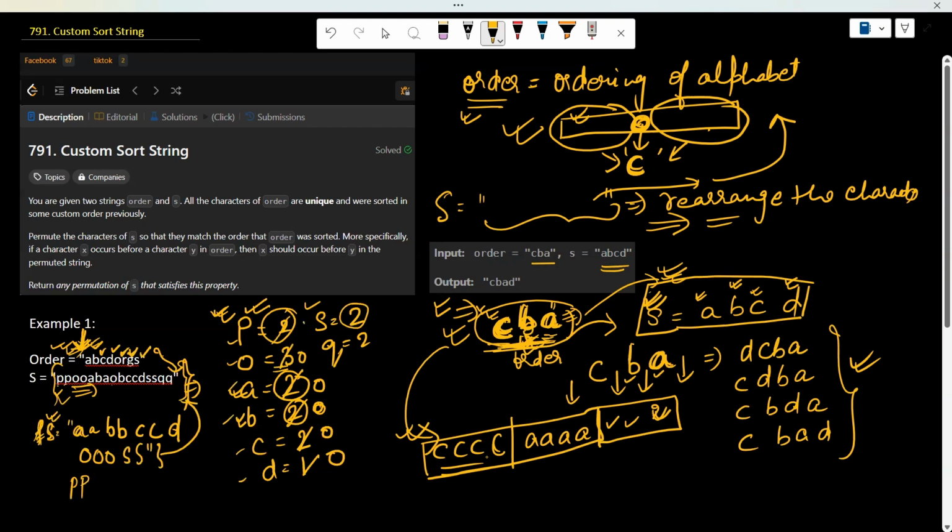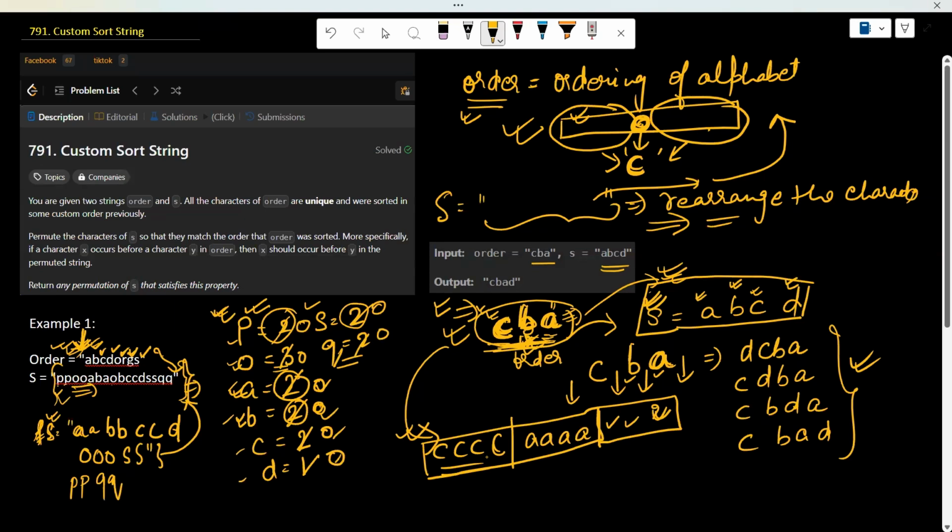Now next we will set it to 0. We will see the frequency of O is already 0. That means we have written A. This is 0, 0, 0, 0. Now S. We have already written S, so it was also 0. Now next is Q. So we will write 2 times Q and we will set it to 0.